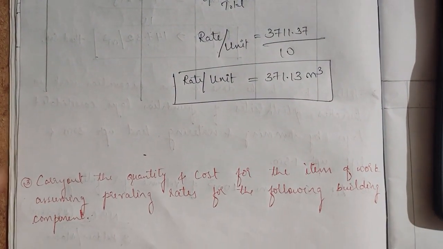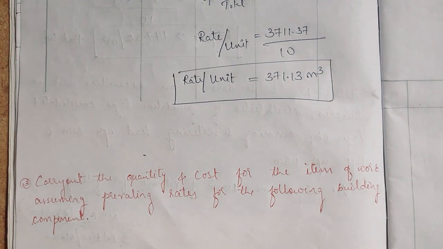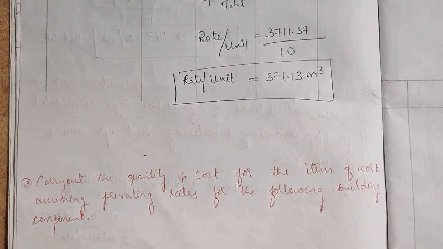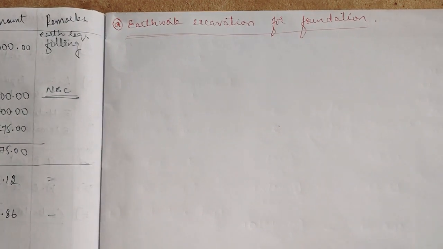So here, carry out the quantity and cost for the item of work assuming prevailing rates for the following building components. So we will do one component now. Building components may be excavation, foundation, brick masonry wall, and it may be PCC works, like that work will be given and we have to do for that also. So first one we will take, that is earthwork excavation for foundation.